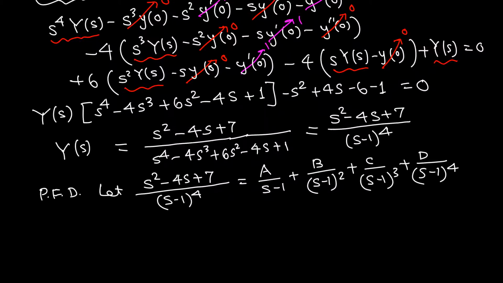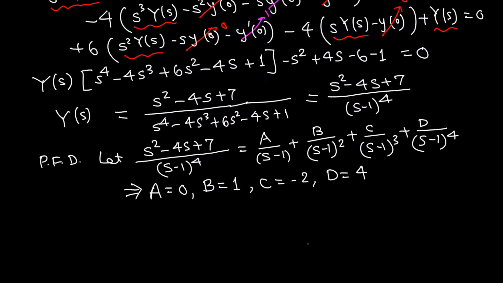Now for the partial fraction decomposition, we let this be A over s minus 1, B over s minus 1 squared, C over s minus 1 cubed, and D over s minus 1 to the fourth. Multiply both sides by s minus 1 to the fourth and find the values of A, B, C, and D. It takes some time though. We get A equals 0, B equals 1, C equals negative 2, and D equals 4.